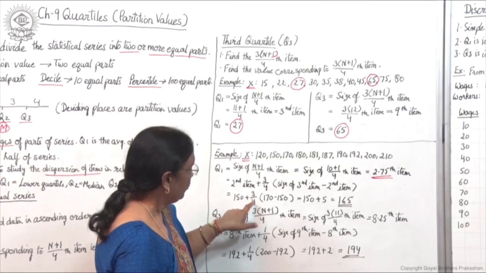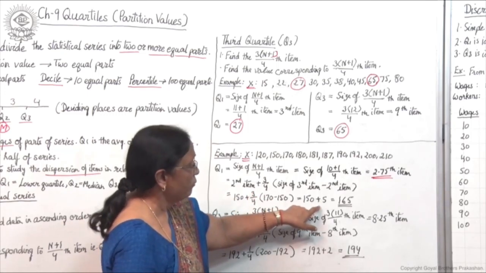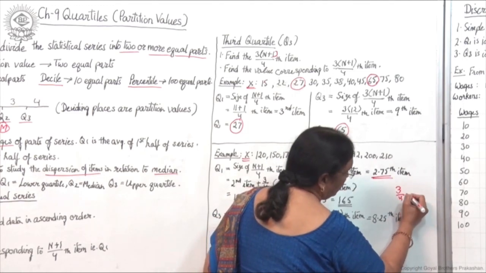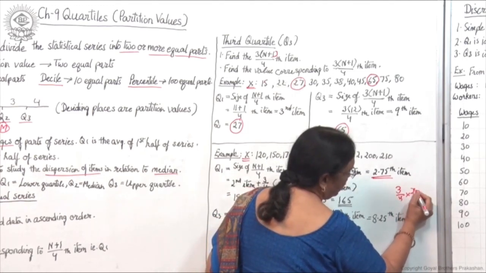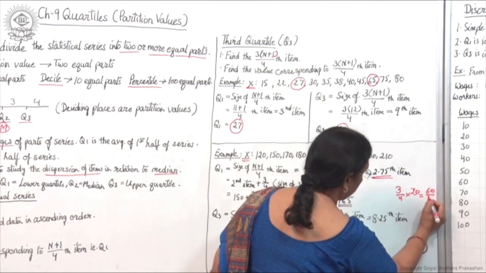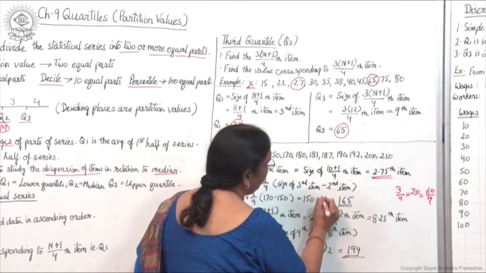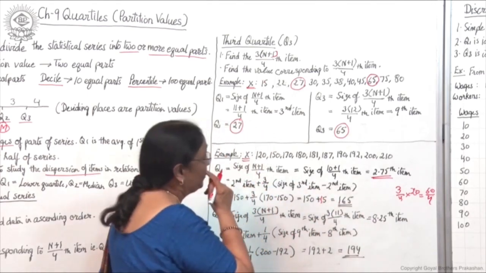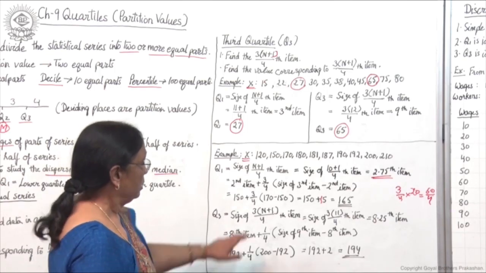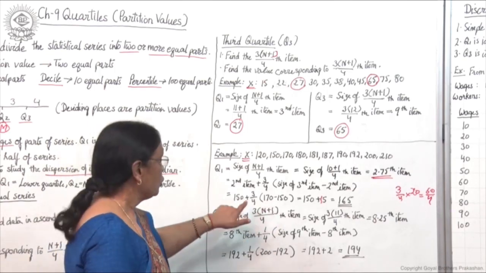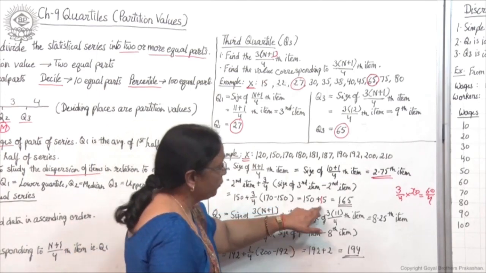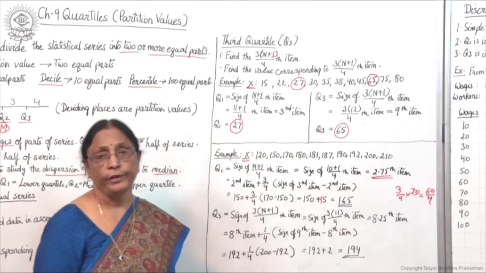Then 3 upon 4 into 20, that is 60 upon 4, so this becomes 15. So 150 plus 15, that is 165.